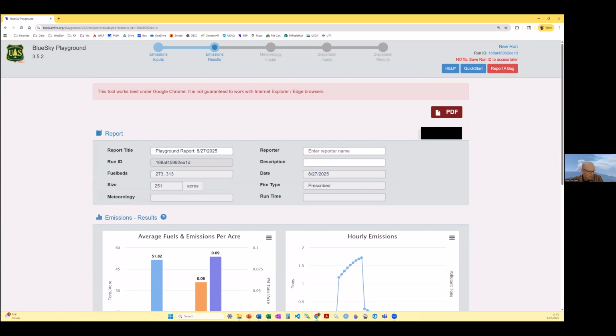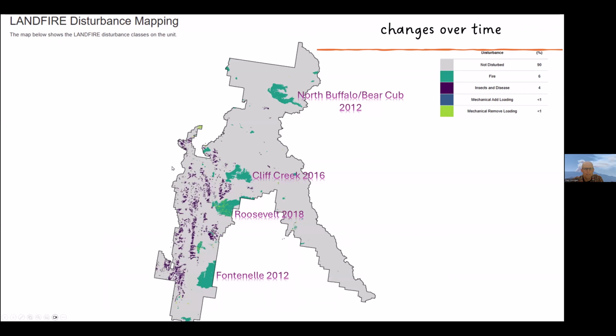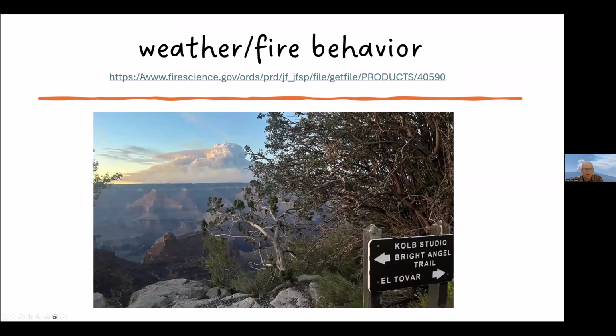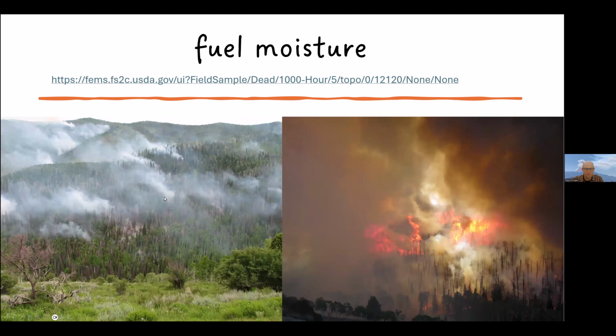Cool. Let me see, back to the slideshow here. So weather is another one, right? That is going to be really significant. The BlueSky Playground doesn't ask you for a wind speed, but there's going to be a total difference in consumption on a calm day versus a windy day. Moisture is in there.